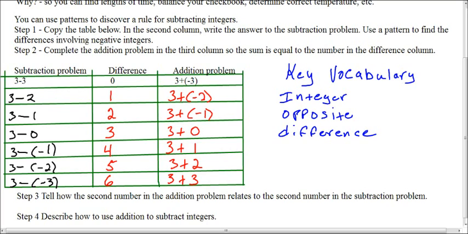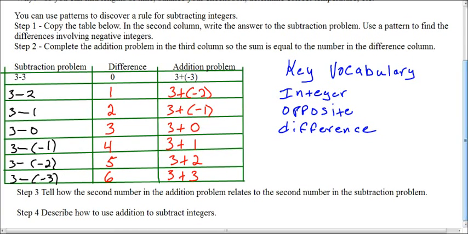We have looked at subtractions, found the answer, which we call a difference, and then made that subtraction problem into an addition problem. So now we need to determine what they are trying to get us to do. So let's look at step 3. It asks us to tell how the second number in the addition problems relates to the second number in the subtraction problem. So how do they relate?